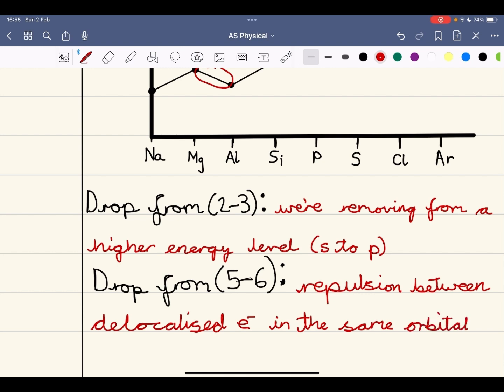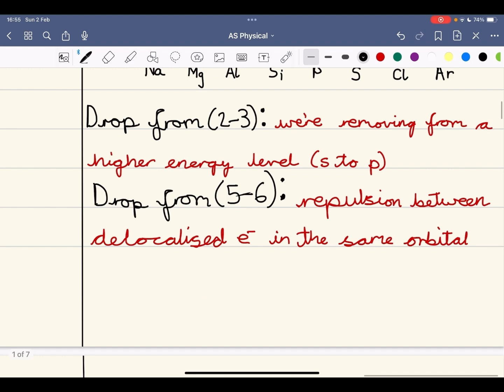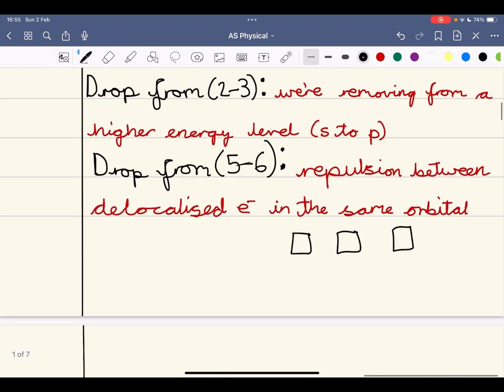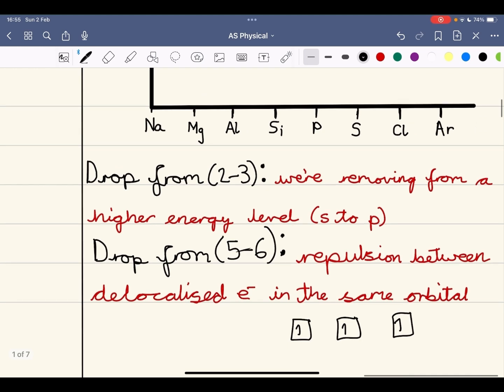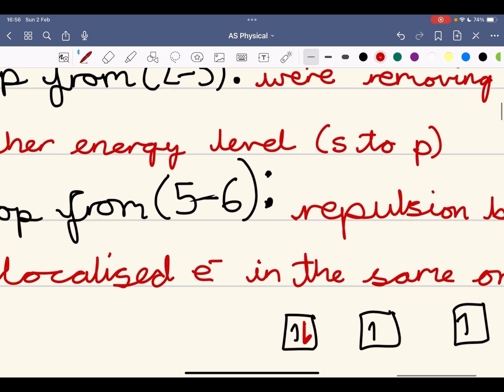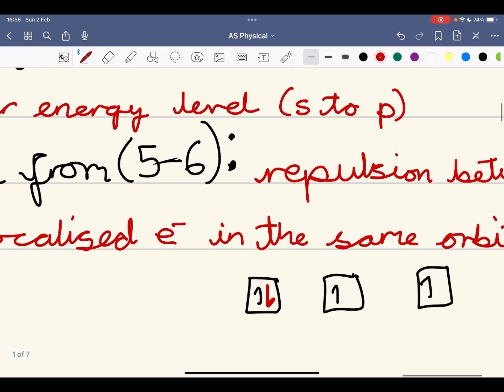So what that means is, if I draw down the orbitals for phosphorus, so this is the highest energy level for phosphorus, right? However, for sulfur, we have 1 extra electron. So this extra electron creates repulsion in this orbital.